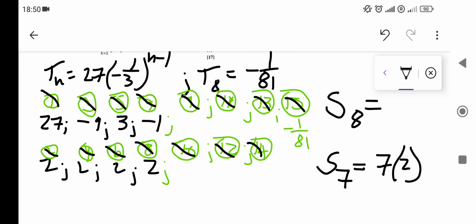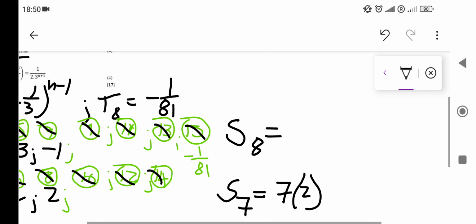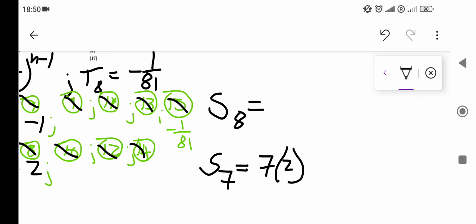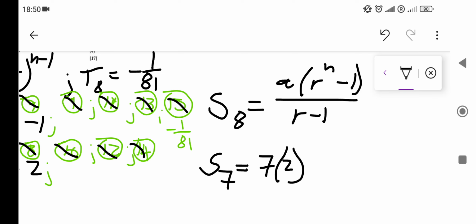Okay, so let's find the sum of our geometric series. That formula will also be given to us, which we know is going to be a open bracket r to the power of n minus 1 close bracket, all of this divided by r minus 1. We've already figured out these values in our previous video.